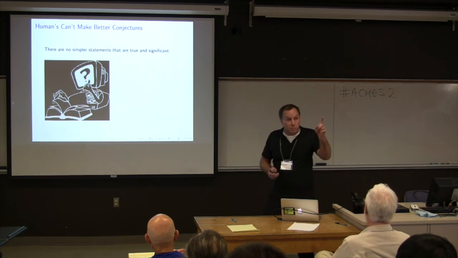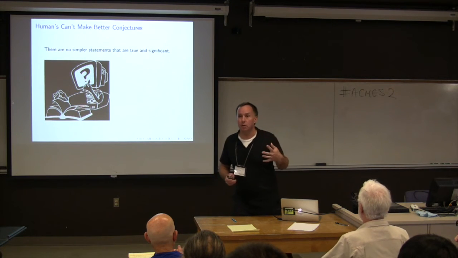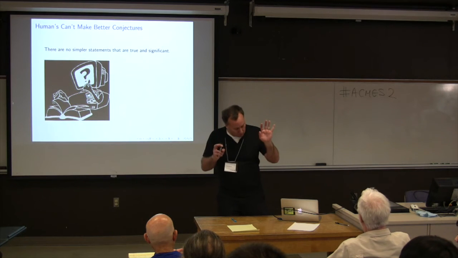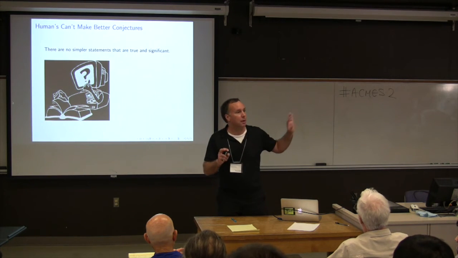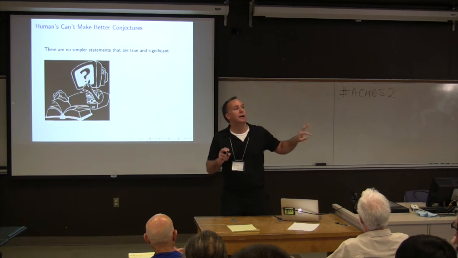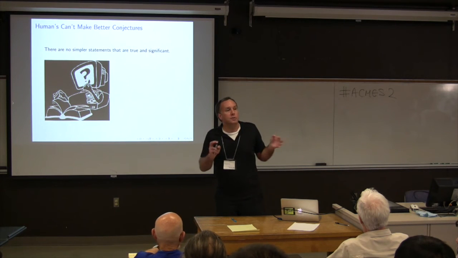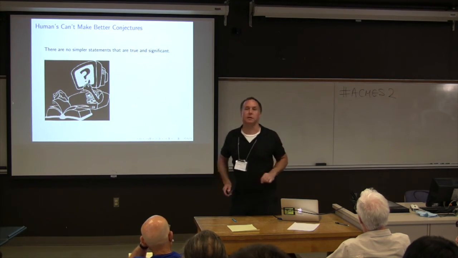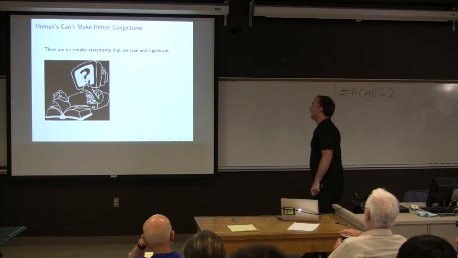So with respect to the properties that the program knows and the propositional operators that are in there, a human couldn't have made a conjecture that was simpler with respect to complexity defined in this way.